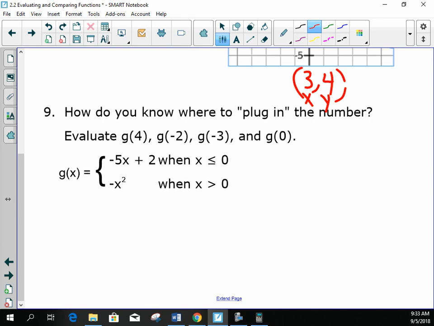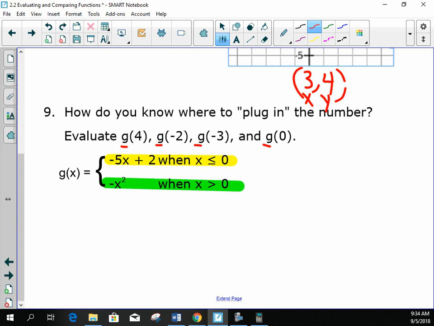Well, when x is smaller than or equal to 0, you plug it in here, all right? When x is bigger than 0, you're going to plug it in here. Now, these are all g's, see?